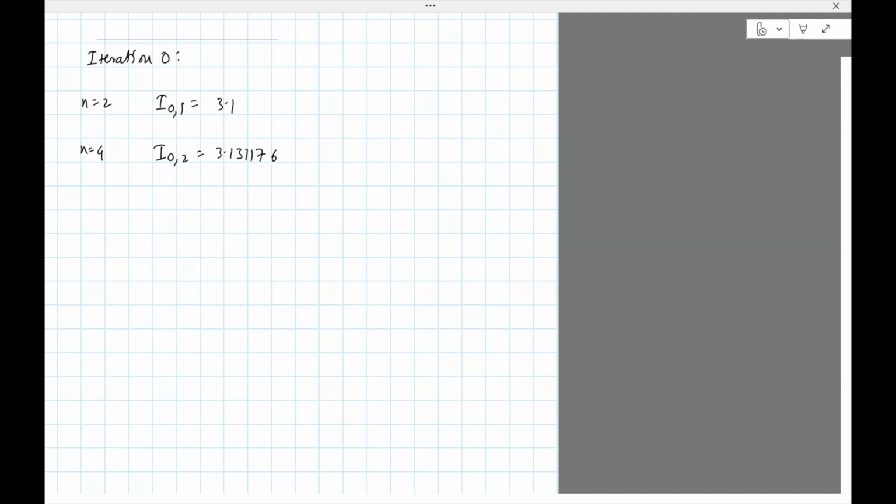By default, Octave only prints 3 or 4 decimal places. Then n equals 8, n equals 16.